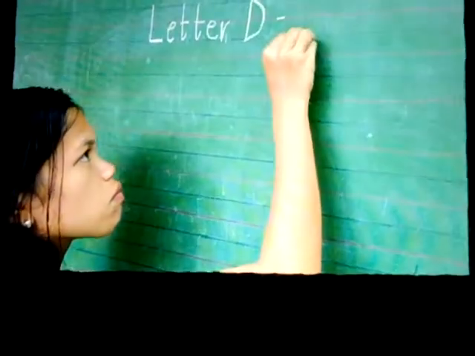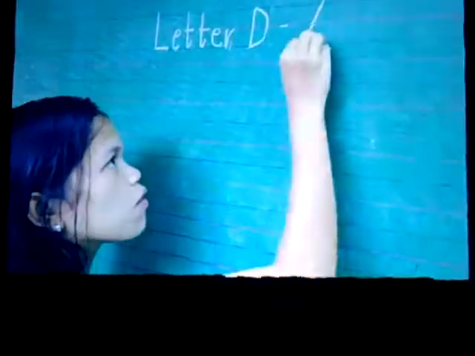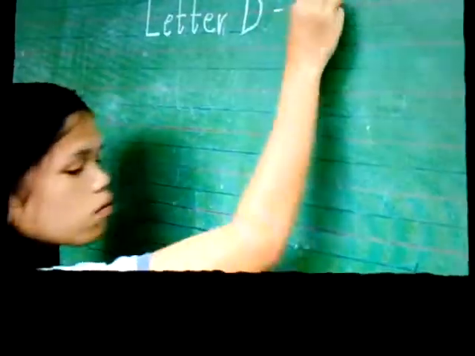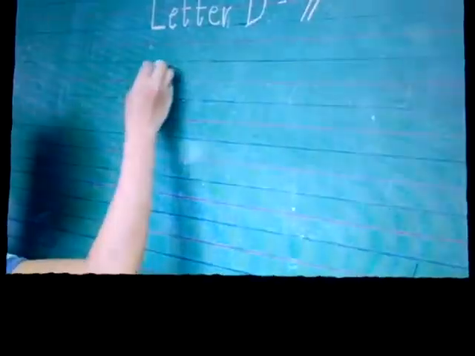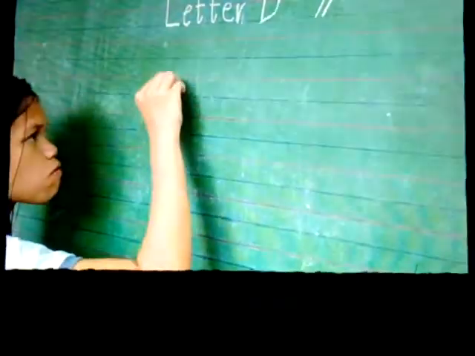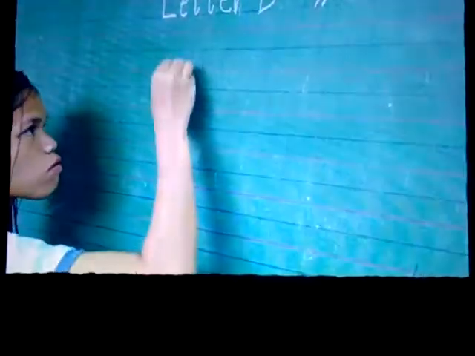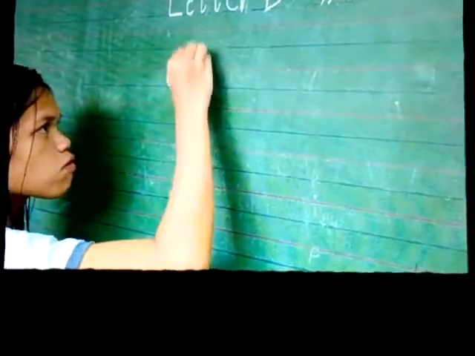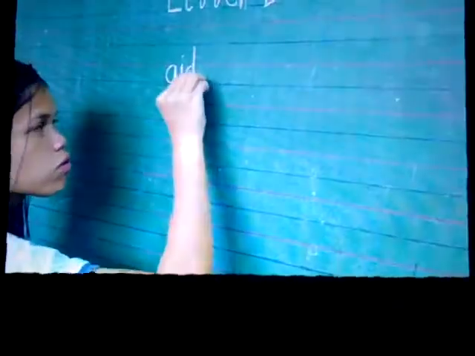The shortened stroke for D is a longer upward straight line. Example of this is the word aid.